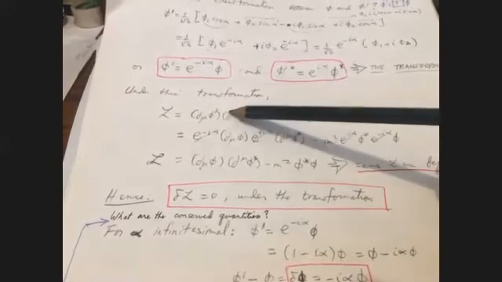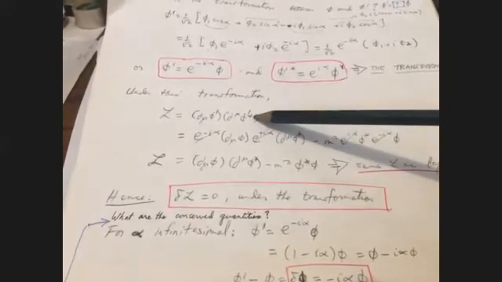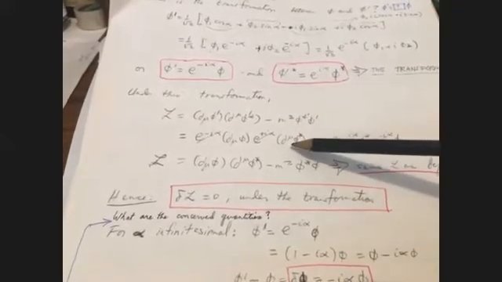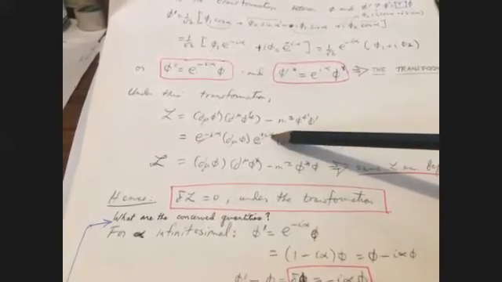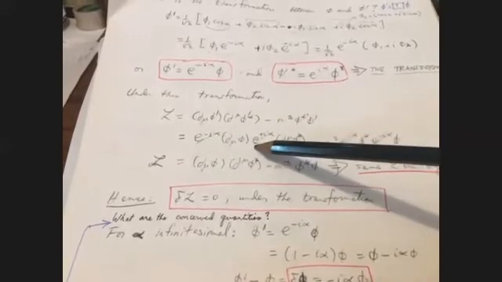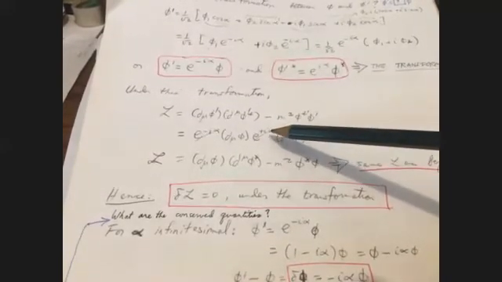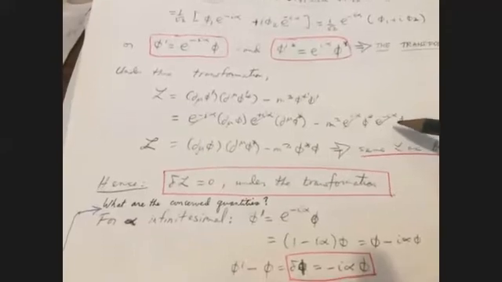And for this expression, the phi prime star, the exponential of that you can take out of the derivative because alpha is constant. So the two exponentials would just cancel, e to the minus i alpha and e to the plus i alpha. And the same with the second term, where the exponentials just cancel.